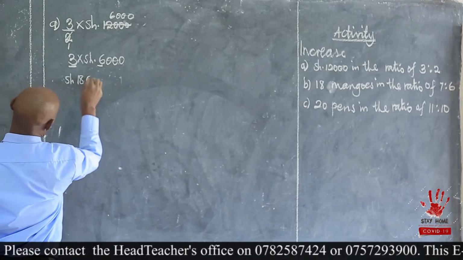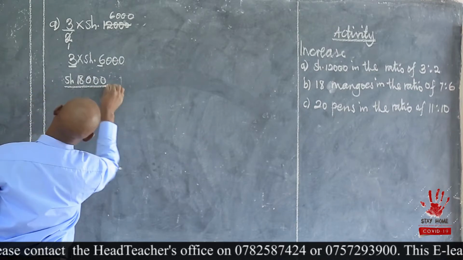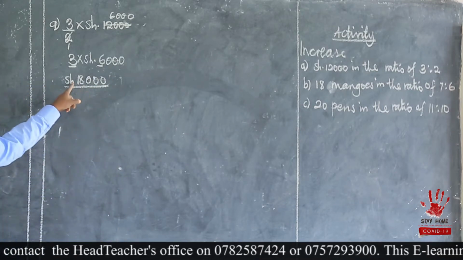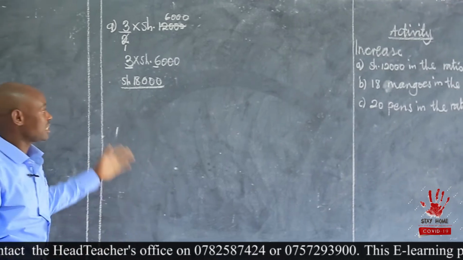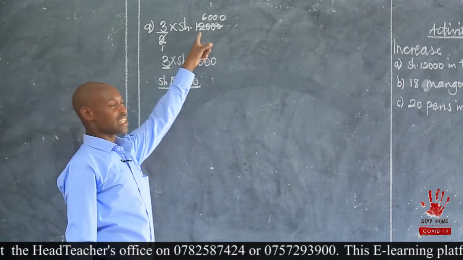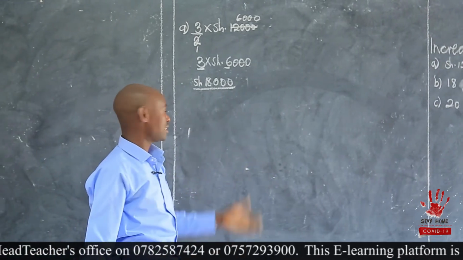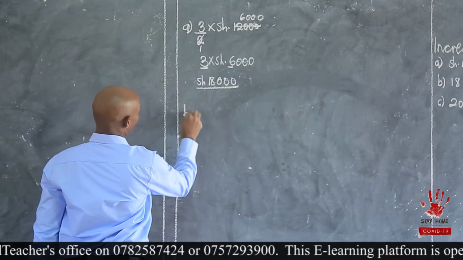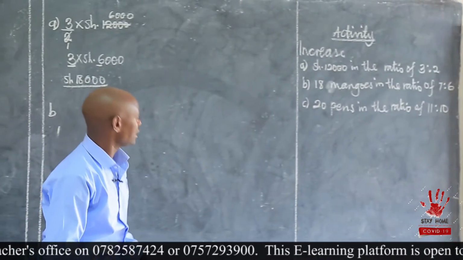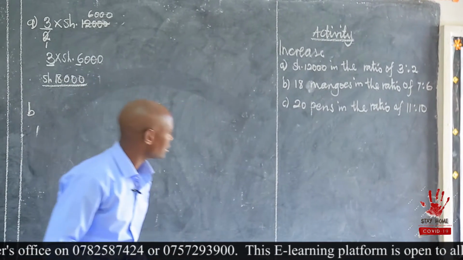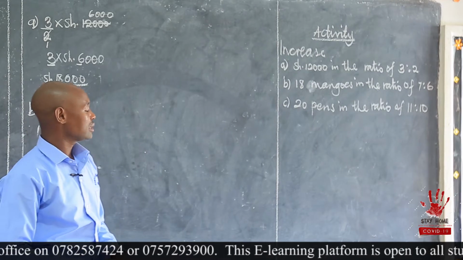Our 3 zeros. So you will find that our answer is now 18,000 shillings. How do you know that you have really increased? It was originally 12,000, I have now 18,000. You see the way it has increased? Yes.